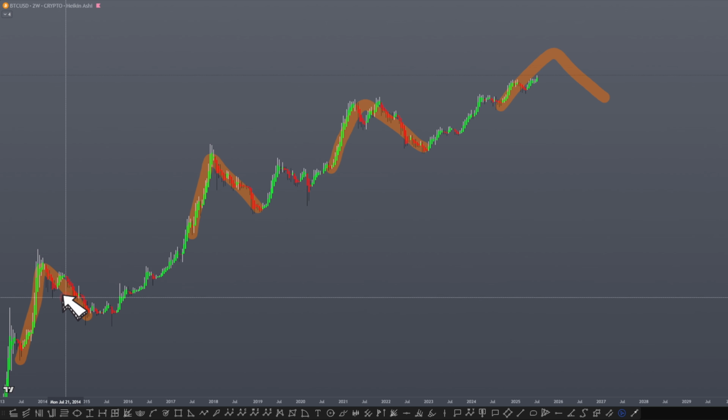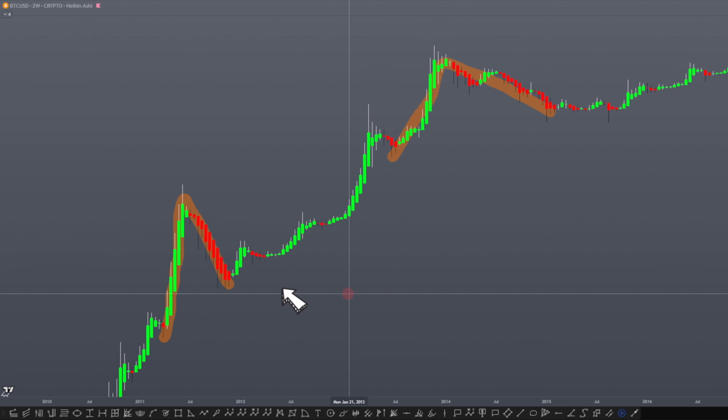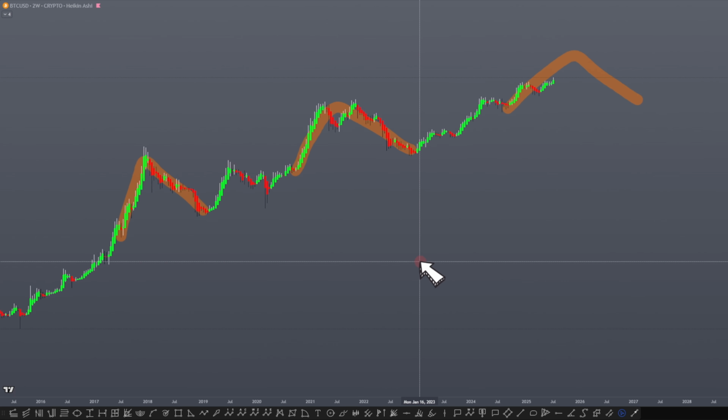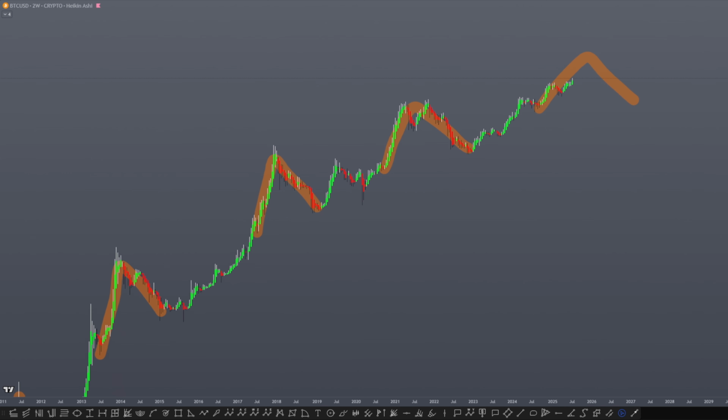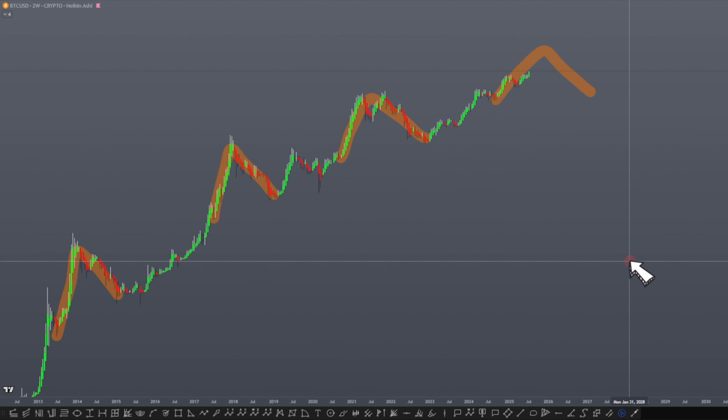And again, according to the model that I use, the upcoming bear run should be something along the lines of what happened back here in phase 2, because what we've been seeing in this entire portion leading up to the upcoming all-time high is phase 1 of cycle 3, whereas phase 1 of cycle 2 was this portion right here. And we're just seeing a repetition here, kind of like a feedback loop.